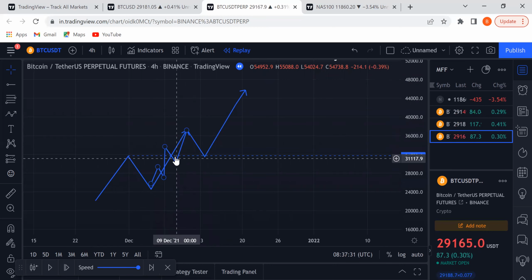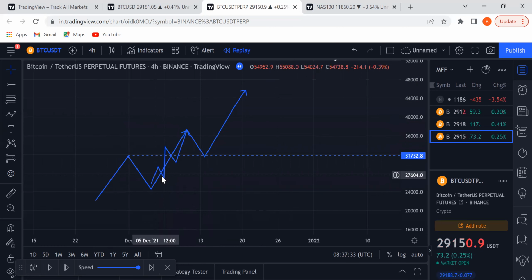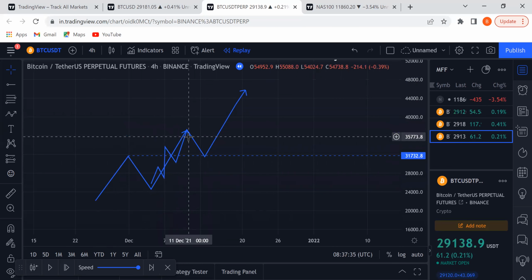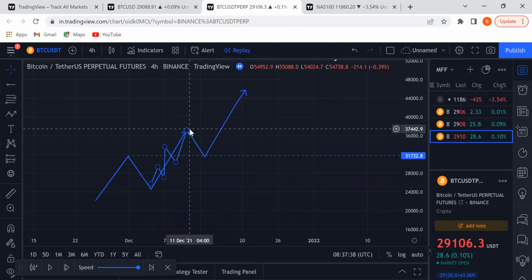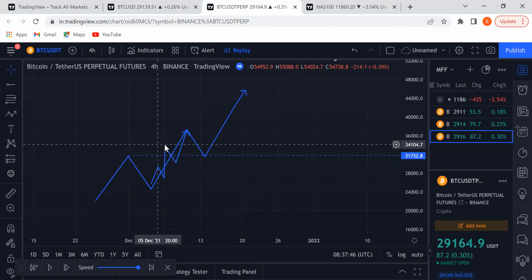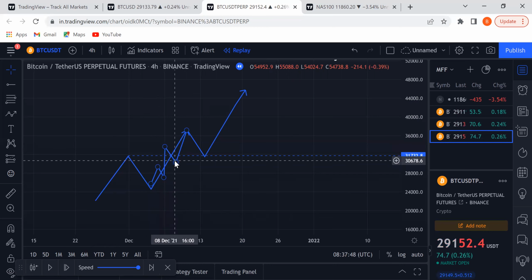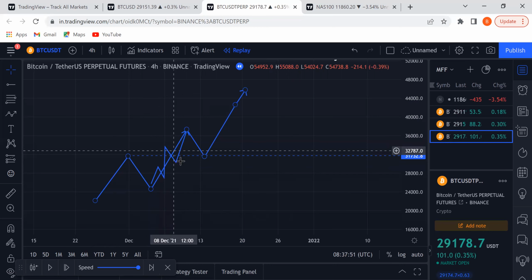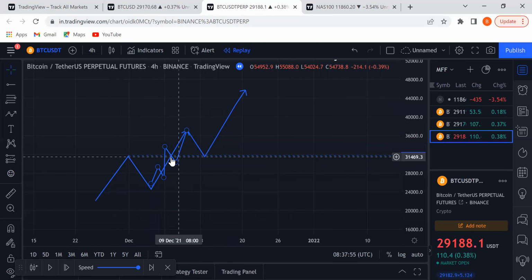Now let's say there's another demand zone of this substructure. Or is this minor structure? I don't know, I don't have those things in my head. I only understand them when I see them on the chart. So this now is reacting to something here. Let's say there's a demand zone here also.